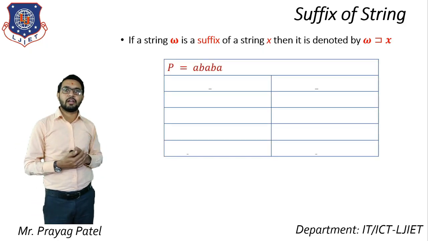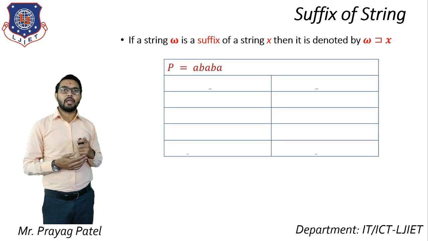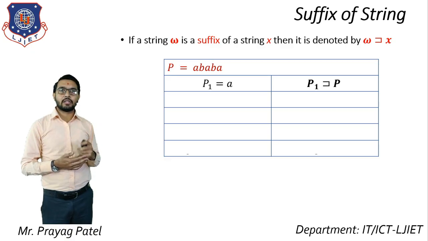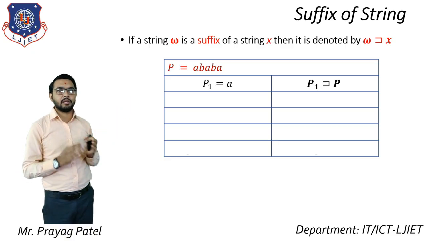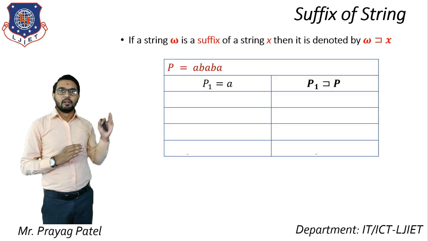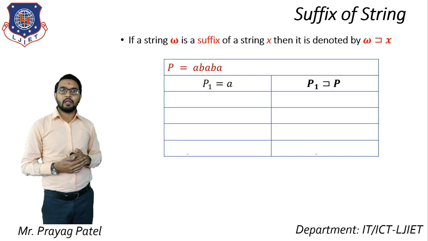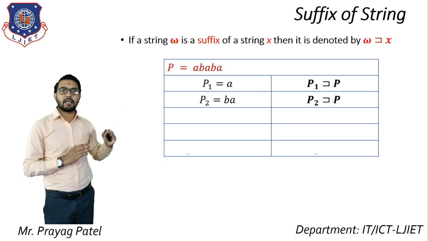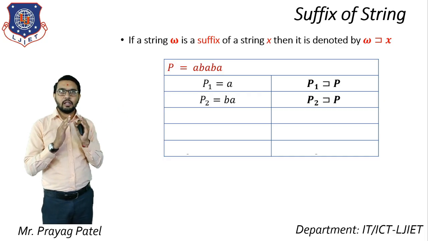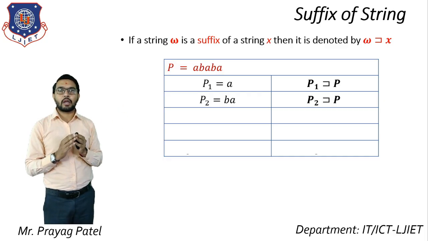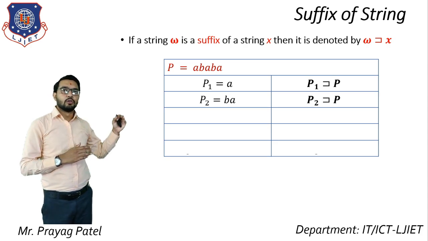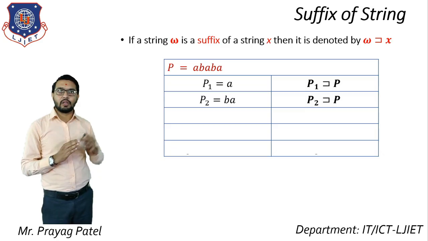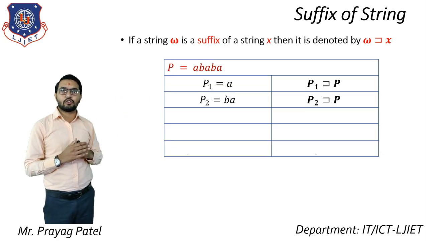Now consider one string P equal to ABABA, and for this string find the suffixes one by one. First consider the first character, P1 equal to A. So here A is a suffix. Now consider the next suffix as the last two elements. Suffix means taking elements from the last location toward the first location. So consider the last A as your suffix.